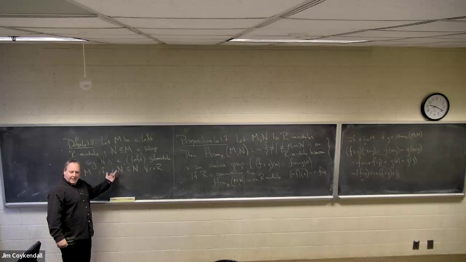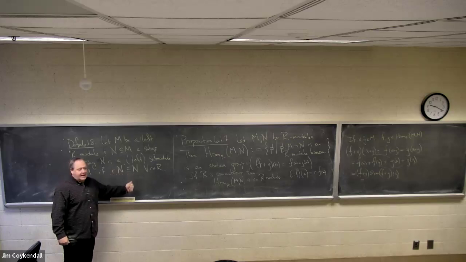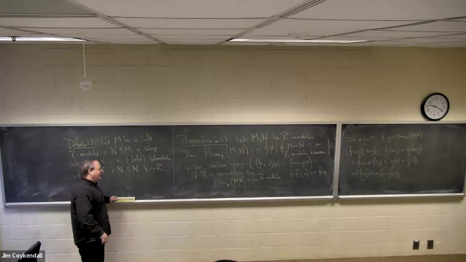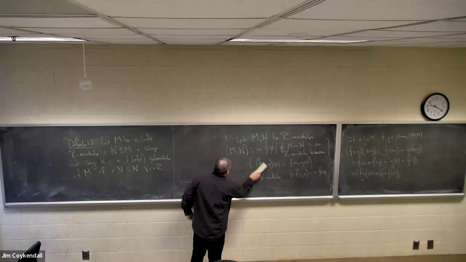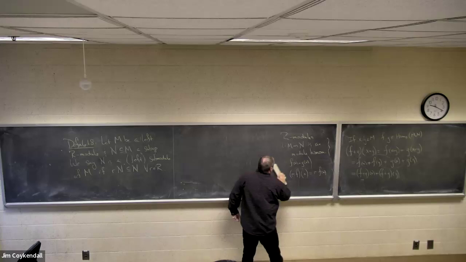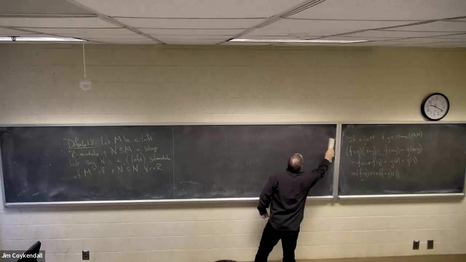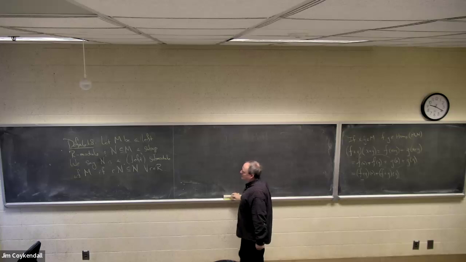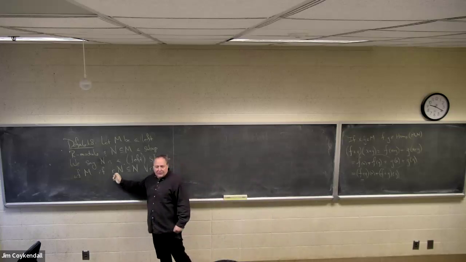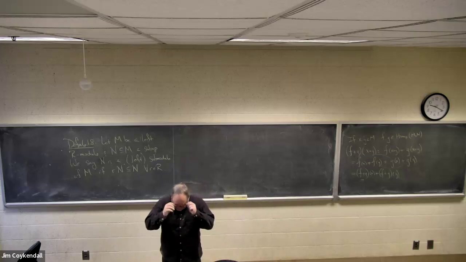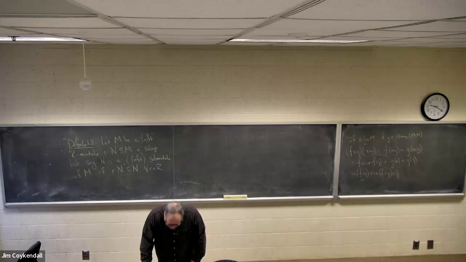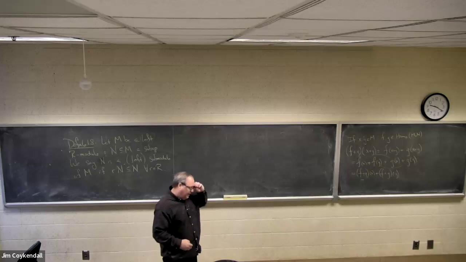In other words, the scalar multiplication that comes from the module M has to take N into N. And again, this is sort of like a normality condition from when you first did group theory. You can't just have any old subgroup. It's got to be stabilized as a set by multiplication by any scalar. You've got to stay inside there to really call it an R submodule. Okay, any questions?